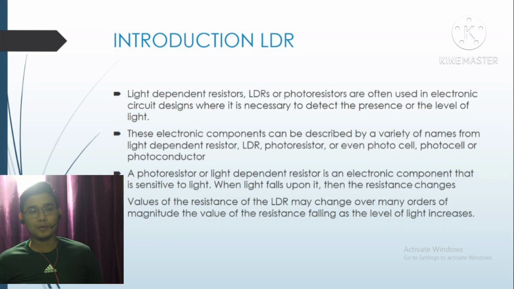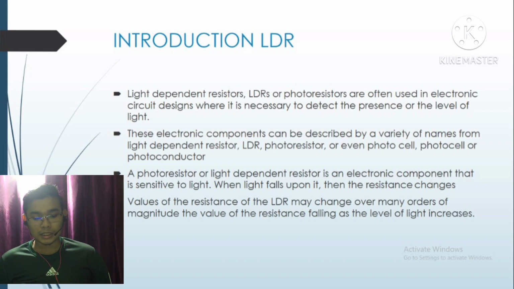Okay, so let us discuss the LDR. Light dependent resistors, LDR, or photoresistors are often used in electronic circuit designs where it is necessary to detect the presence or the level of light. These electronic components can be described by a variety of names, from light dependent resistor, LDR, photoresistor, or even photocell and photoconductor.